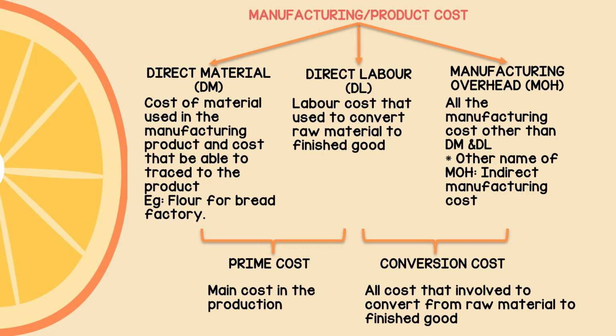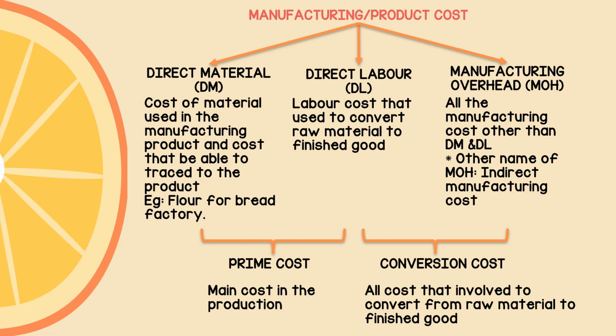Manufacturing overhead is all the manufacturing costs other than direct material and direct labor. The other name of manufacturing overhead is indirect manufacturing cost. For example, we have utility and indirect material.